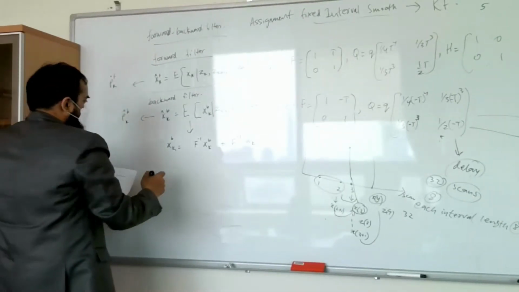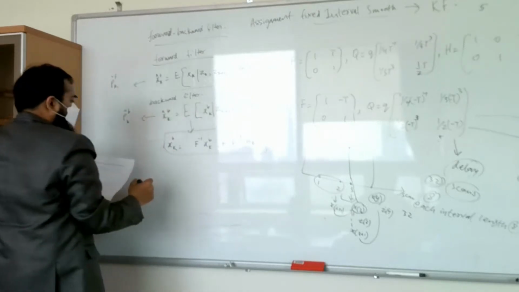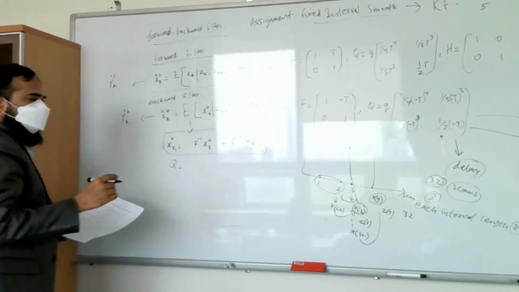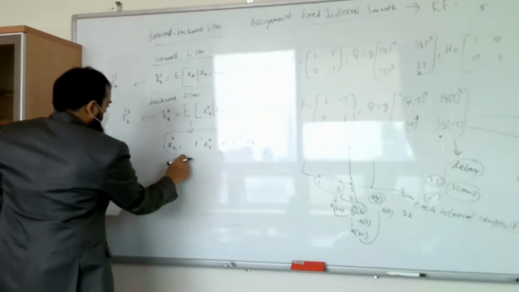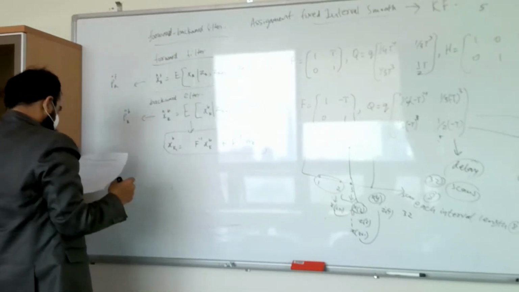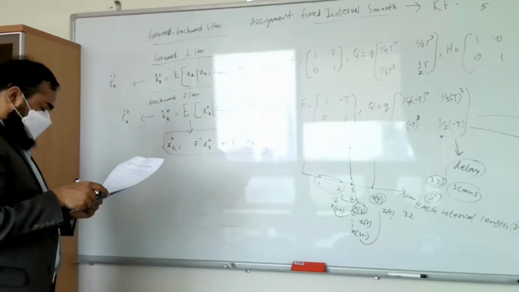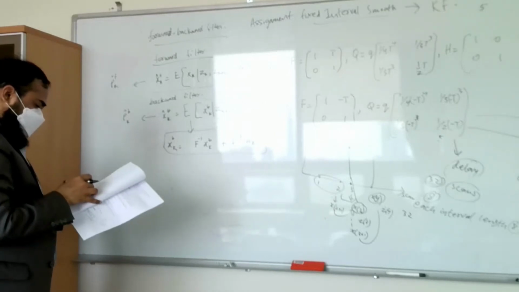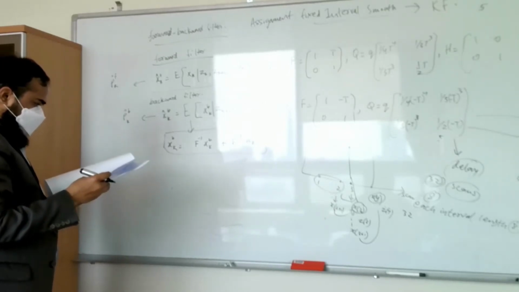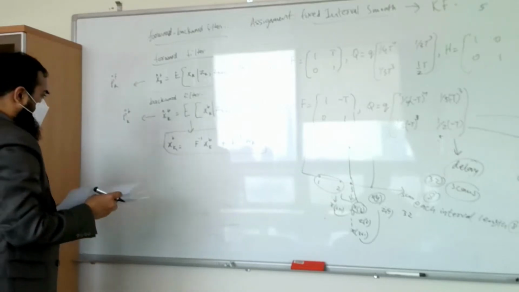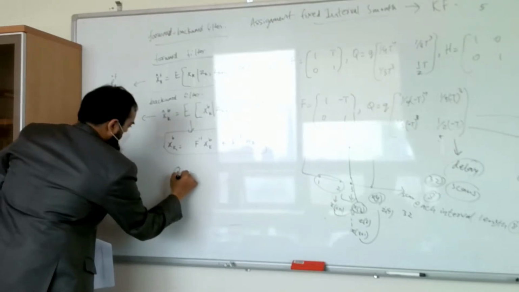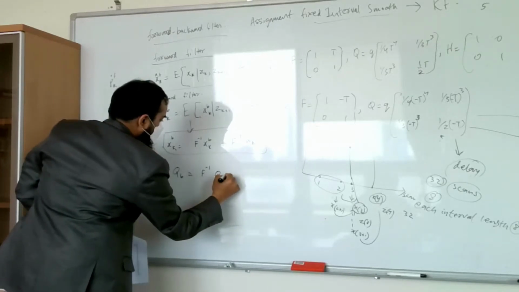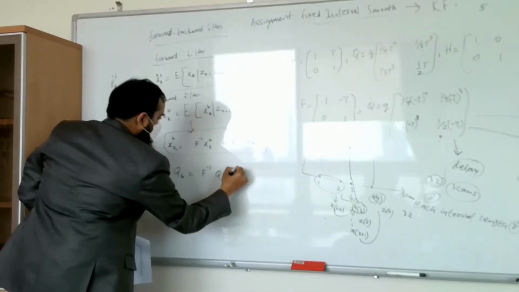And when you use the Q, Q is the same in the forward filter, but in case of the backward filtering, your Q is F inverse Q and F inverse transpose.